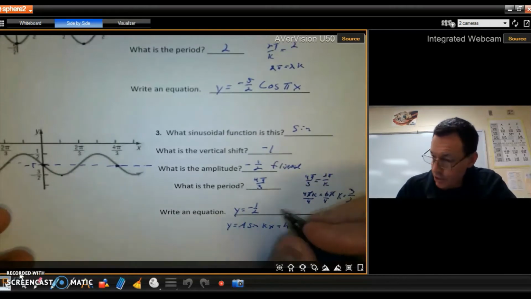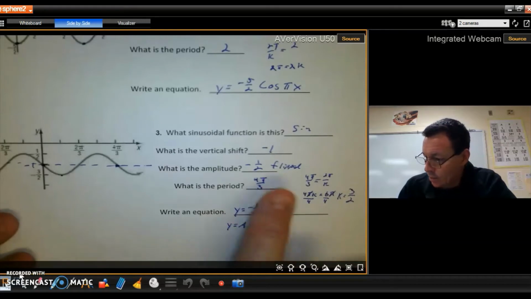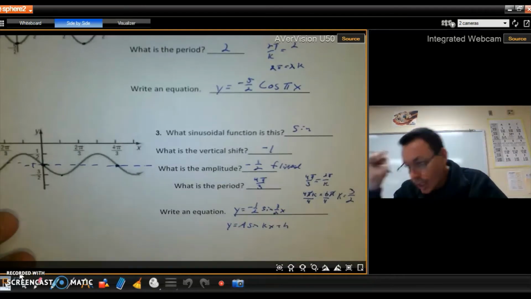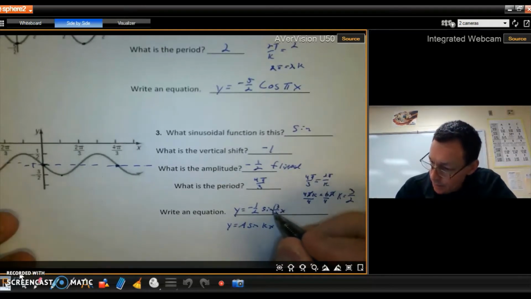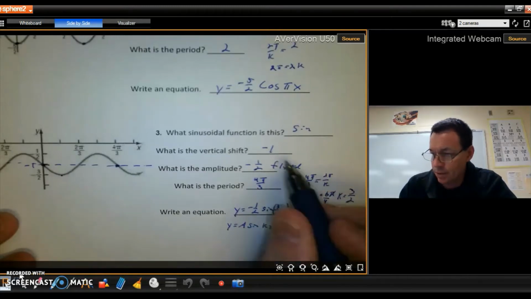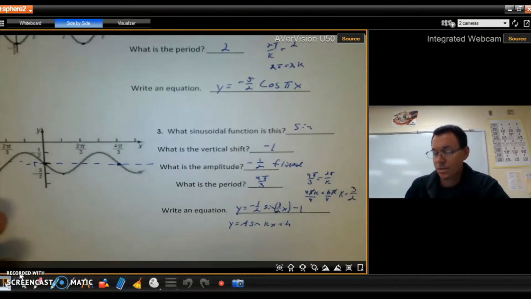Then we plug in the function. In this case, it was a sine graph. K, what do we find? 3/2. All right, so we're just going to put a 3/2 in front of the x. I usually put parentheses and close that off because now we're going to put plus something. Well, in this case, we're actually going to put minus something, minus 1. And that's our h value.